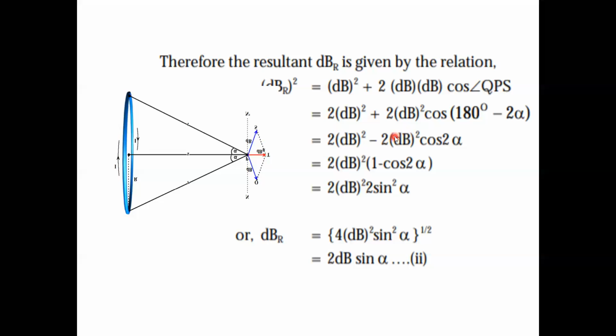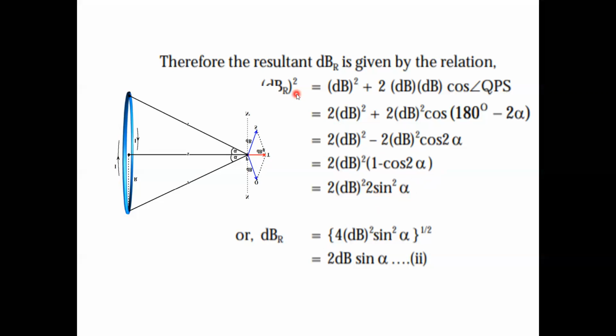By combining these two values, 1 minus cos 2 alpha. So 1 minus cos 2 alpha is equal to 2 sine square alpha. So 2 into 2, 4 dB whole square sine square alpha.